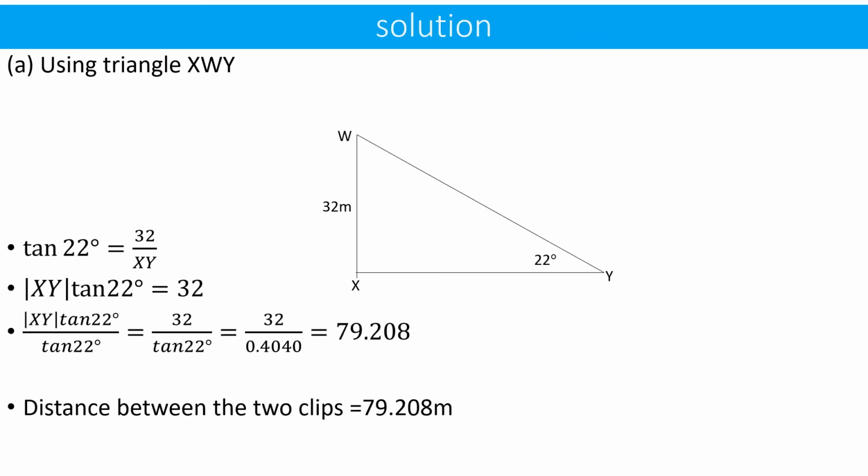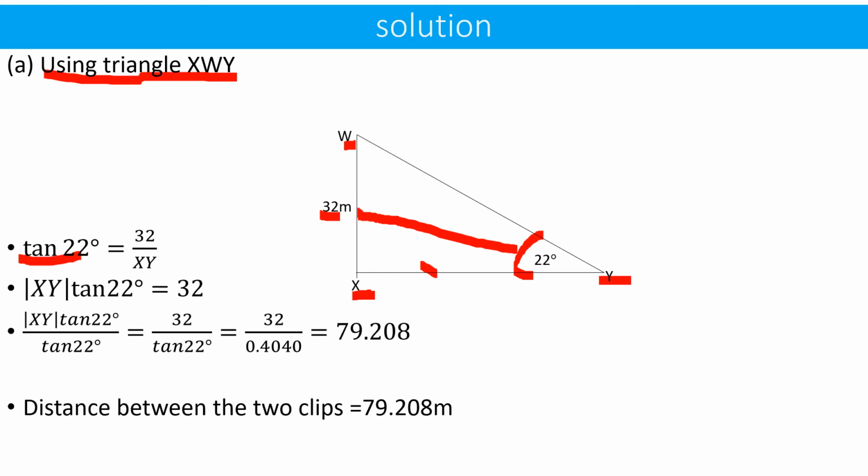Okay, so let's start solving the question. So we will start with using parts of the triangle diagram drawn. So first, part A, using triangle XWY. We know that WX is 32 meters. Then the angle at Y is 22 degrees. So we are looking for XY. The one facing the angle is 32, opposite and adjacent, so we use tan.